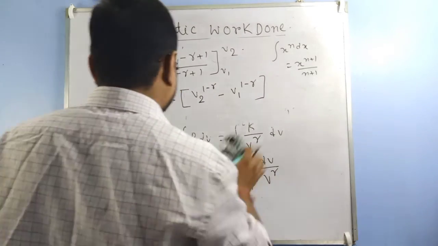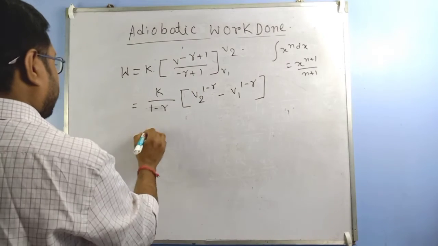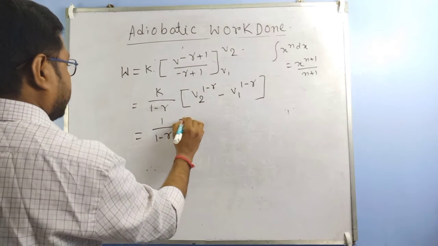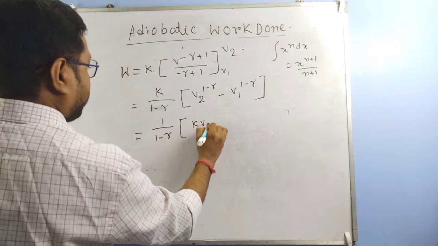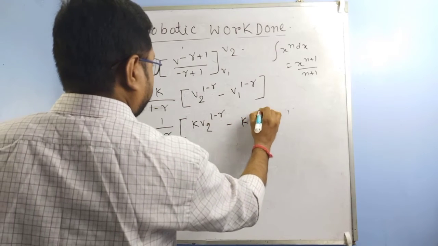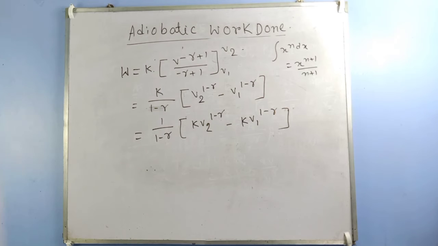Now, 1 by 1 minus gamma, K V2 to the power 1 minus gamma minus K V1 to the power 1 minus gamma.